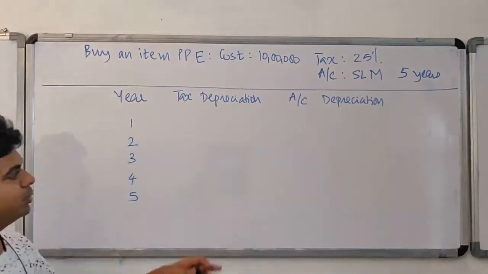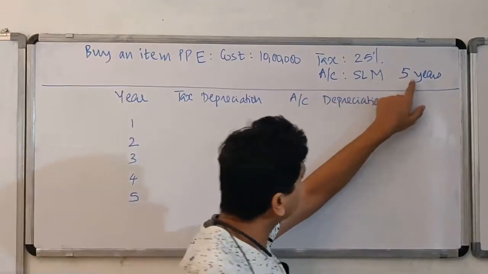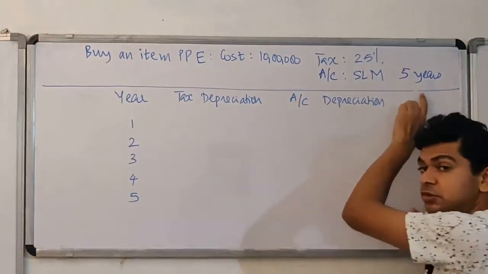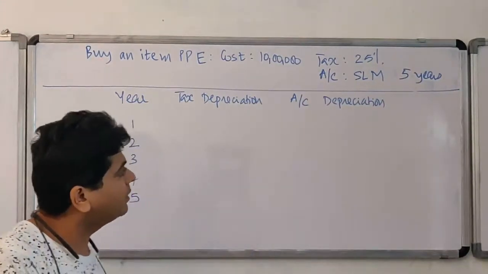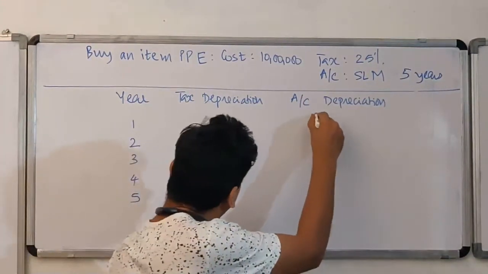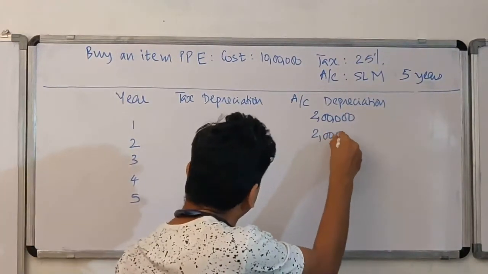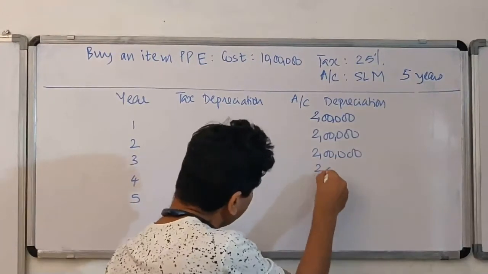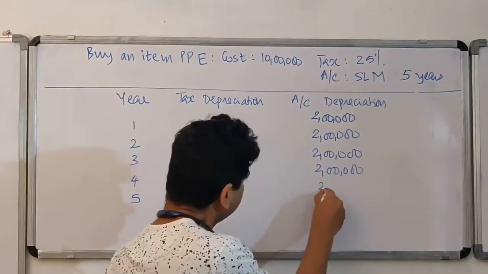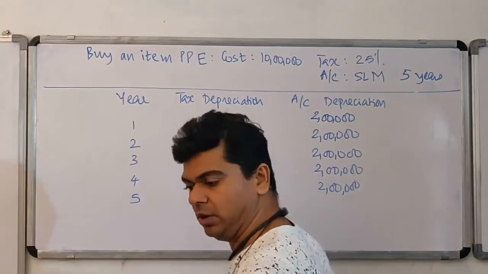The accounting depreciation is pretty simple. 10 lakhs, I will divide by 5. Let's assume that there is no residual value. I am following SLM, so 10 lakhs divided by 5. My accounting depreciation is going to be 2 lakhs of rupees every year. Isn't it? 10 lakhs divided by 5.